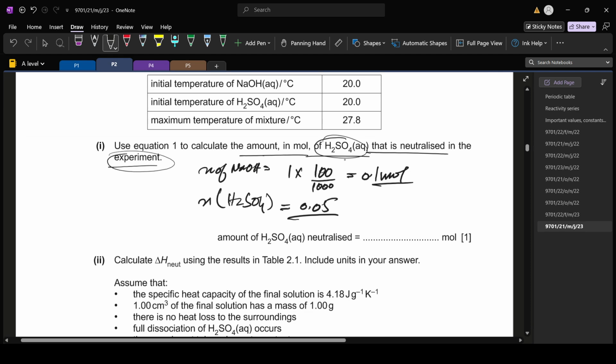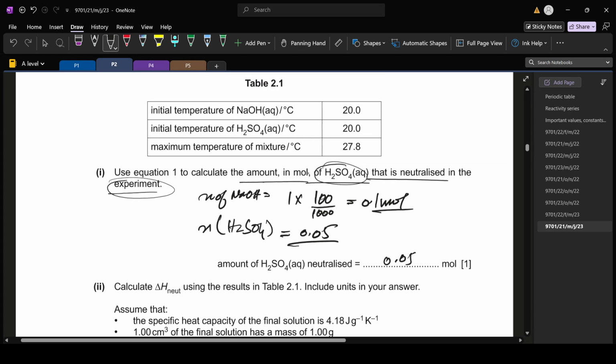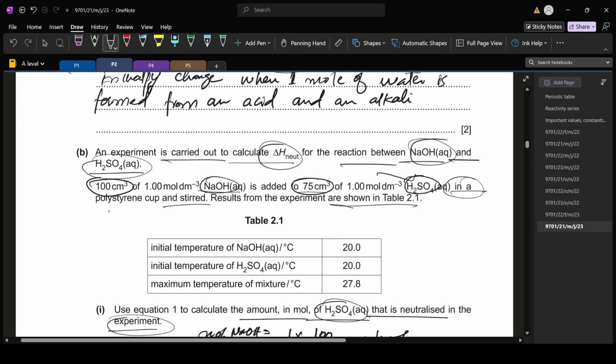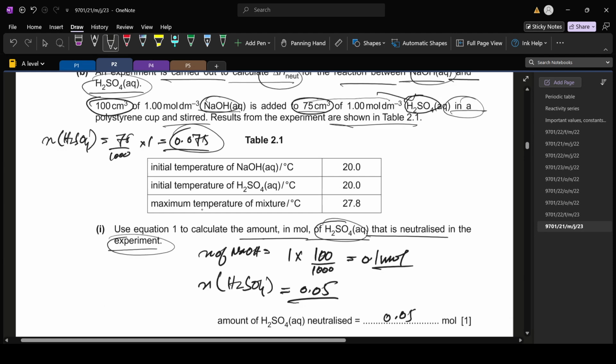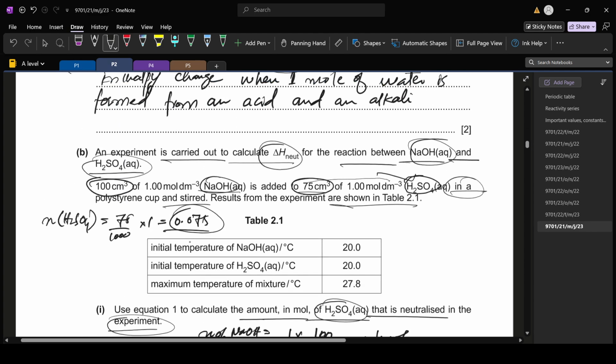That is the moles that are neutralized in the experiment. Okay, 0.05. And if you had calculated the moles from the volume and concentration of sulfuric acid, you would get 75 divided by 1000 into 1, 0.075. Okay, but that's not the correct answer.